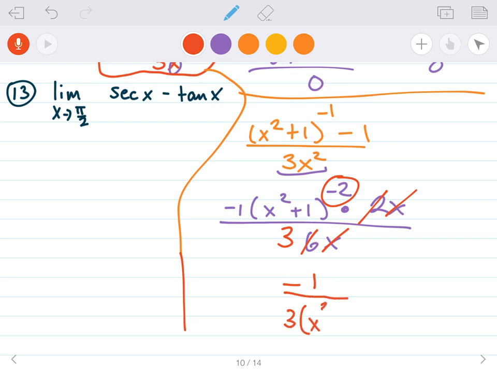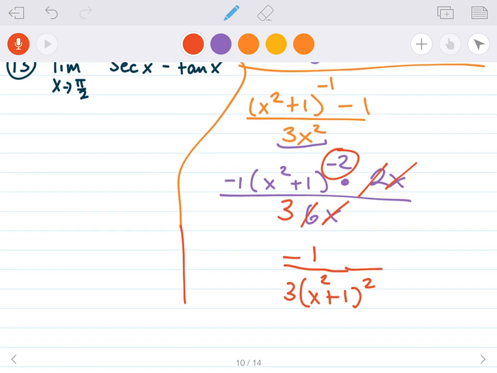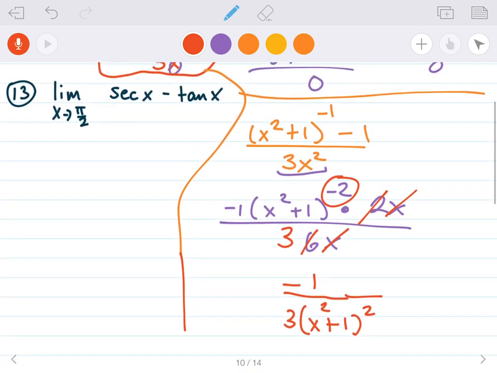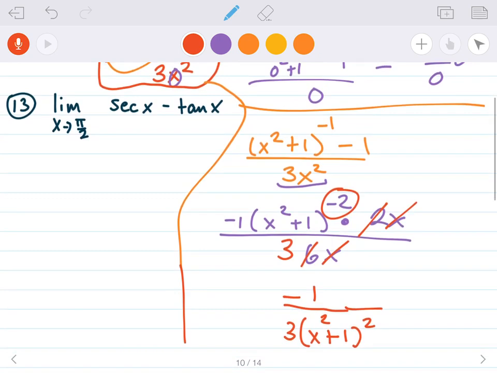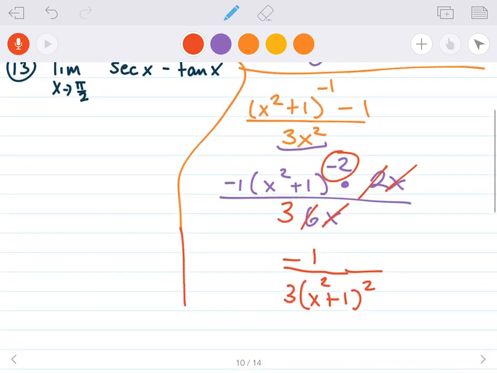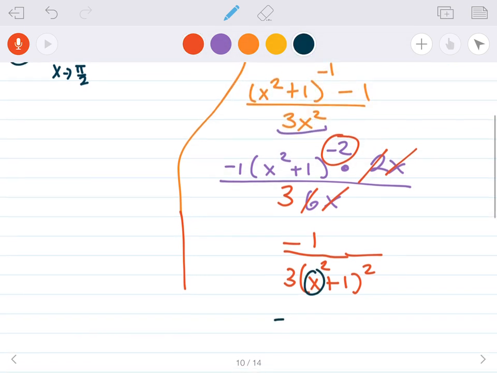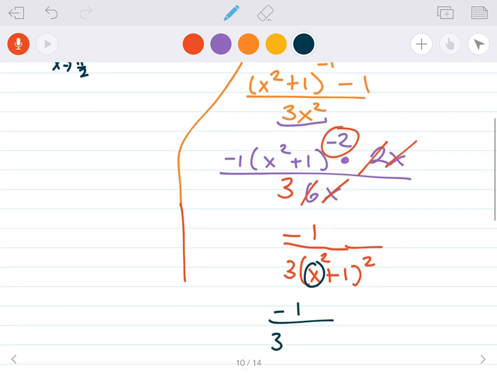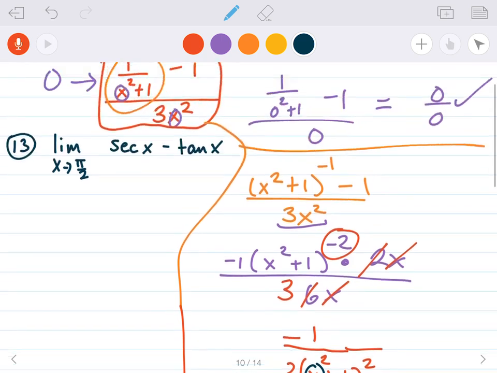So let's do that just to see what's happening here. All right, now I'm going to stick in 0 for x. And what do I get? When I put 0 in for x, I get negative 1 over 3 times 0 squared plus 1 squared. And so what I end up getting is negative 1 over 3.